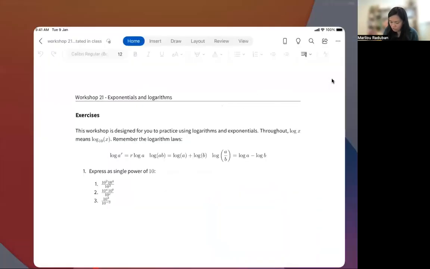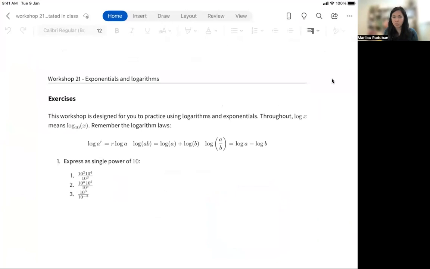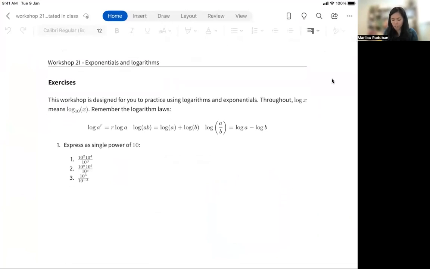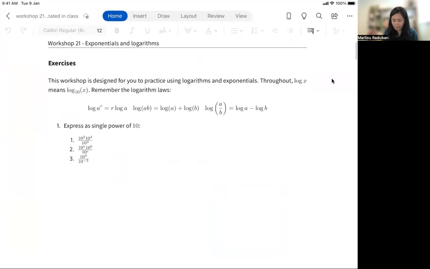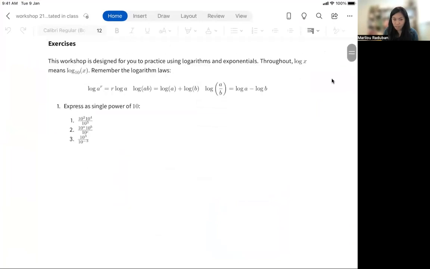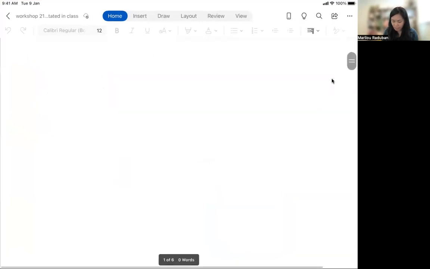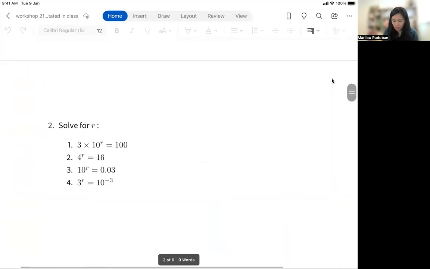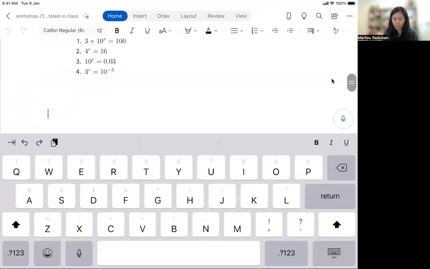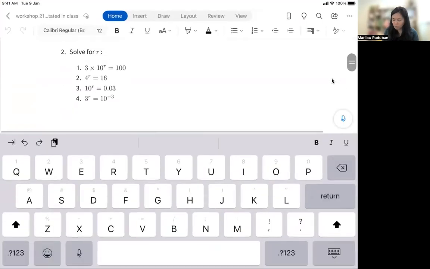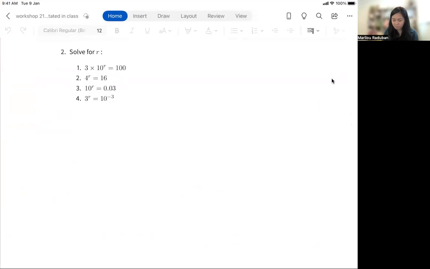So the workshop is quite good because it's practicing the rules of logs, combining exponents, combining powers. Then we have solving for r, so isolating r: how do we get rid of the base 10?